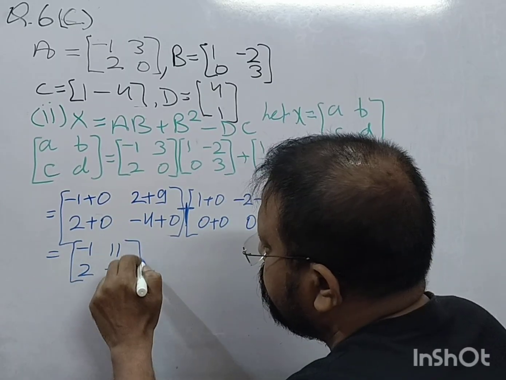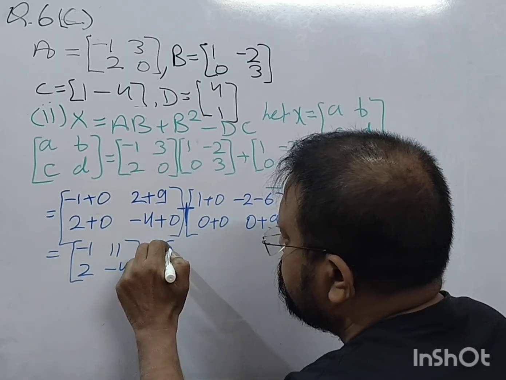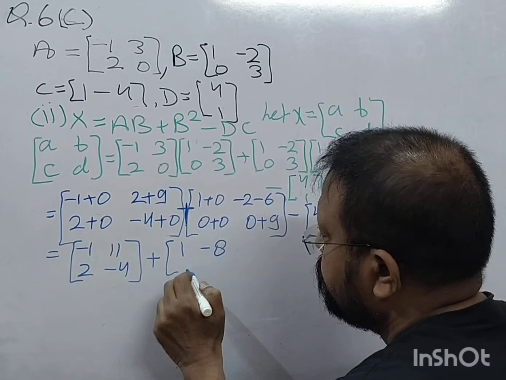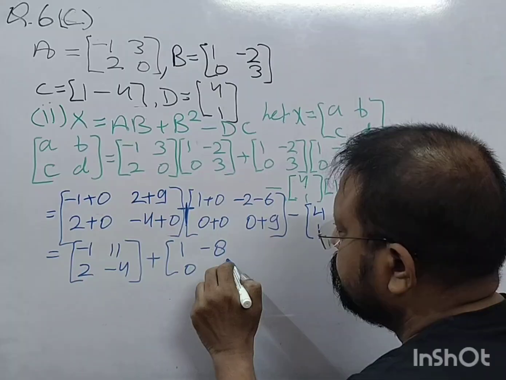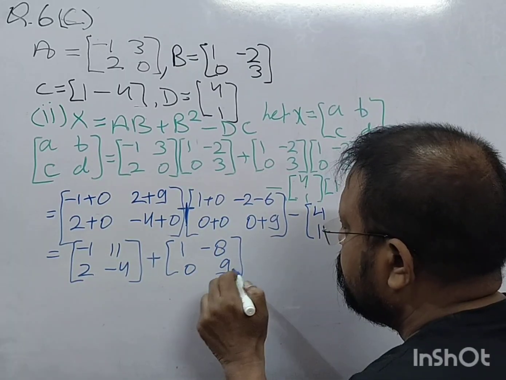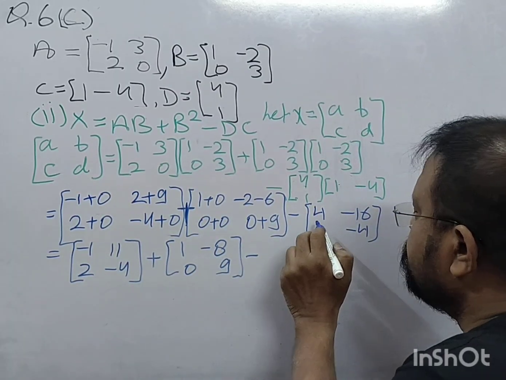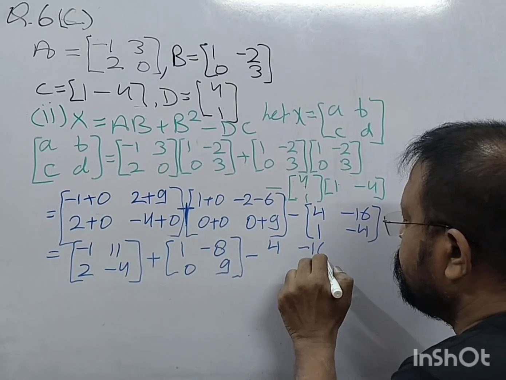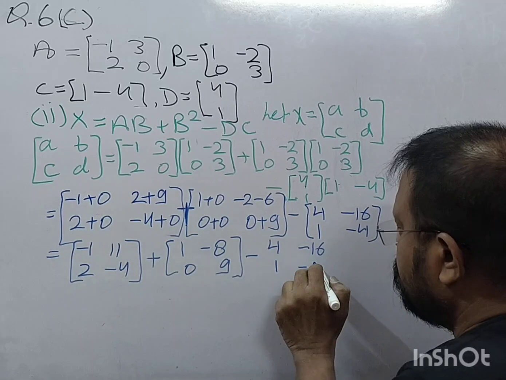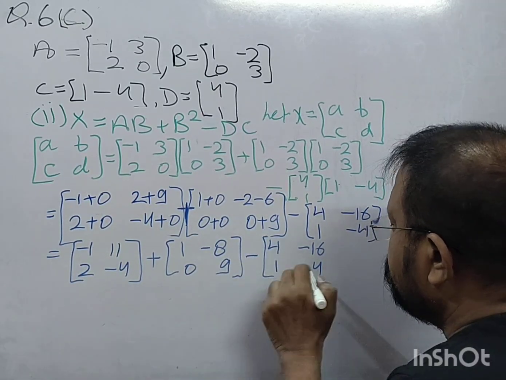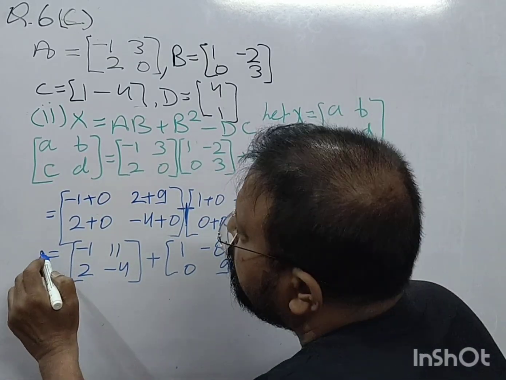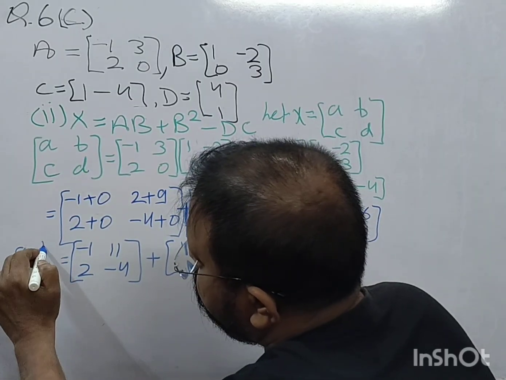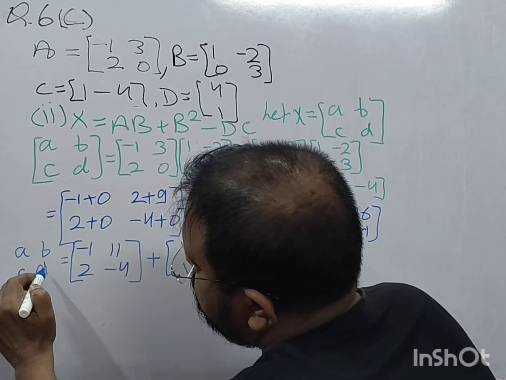Getting? Plus, this is 1, minus 8, 0, 9. Is it? Minus 4, minus 16, 1, minus 4. You get it? And that is equal to A, B, C, and D.